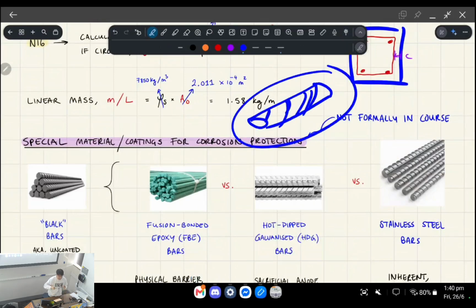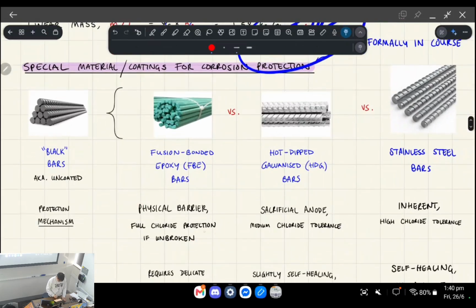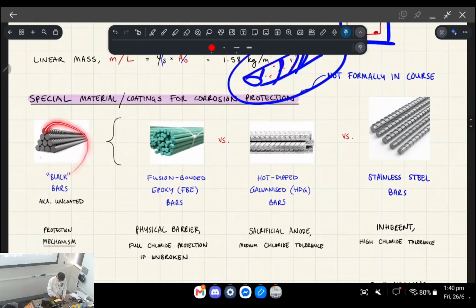So you grit blast it so that it has this rough texture when you're touching it. Then you spray it with epoxy, and it's called fusion bonded, so when it sticks on, it stays on. It acts as a physical barrier for the chloride, so that it doesn't end up touching the black bars.